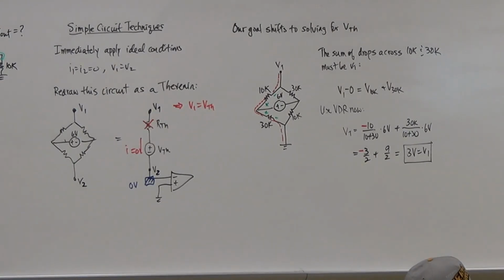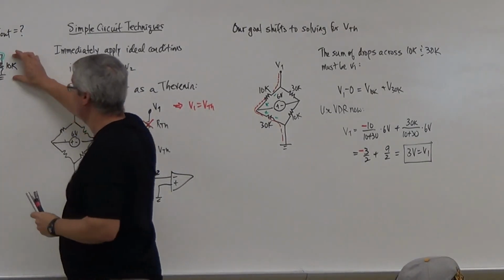So if that's 3 volts, how much current is coming here? The current here is 0. If the current is 0, then that means that the current must be doing what? It looks like it's going down here, and then it's going up here, right? So the current's going like this here. So if this is 3 volts, I now can get the voltage across this guy.